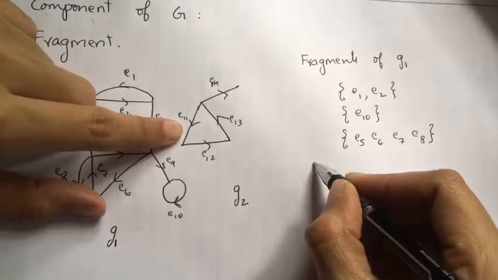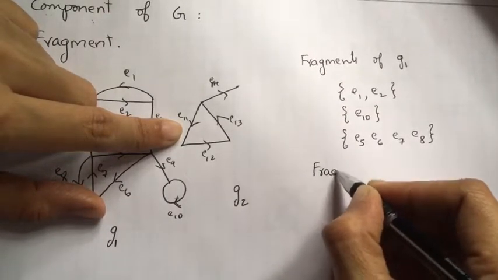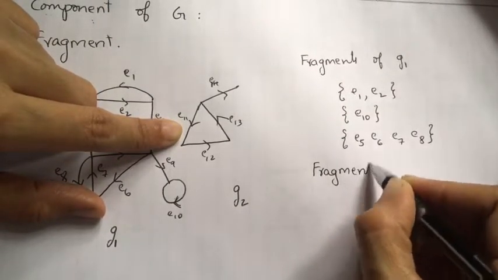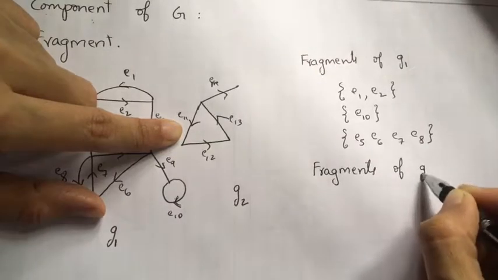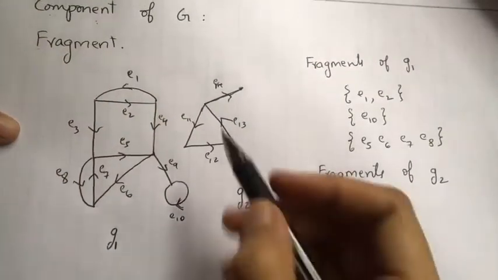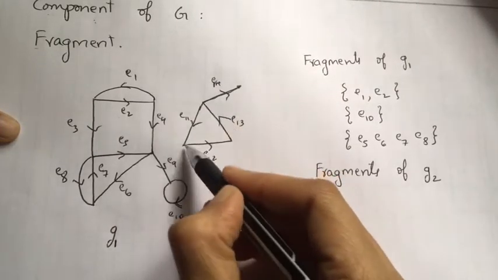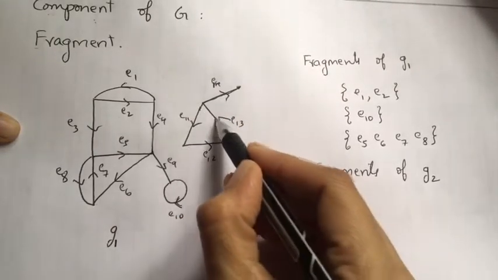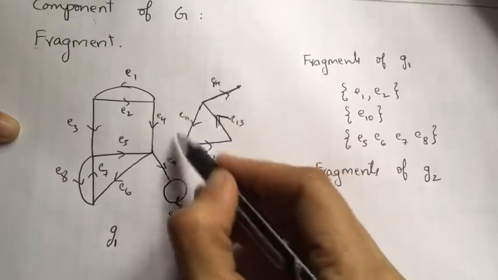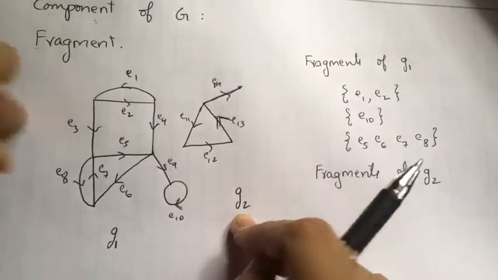And then let us look at the fragments of component G2. E11, E12, E13 forms a strongly connected subgraph of this component G2.